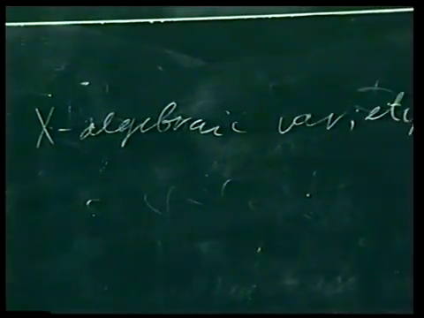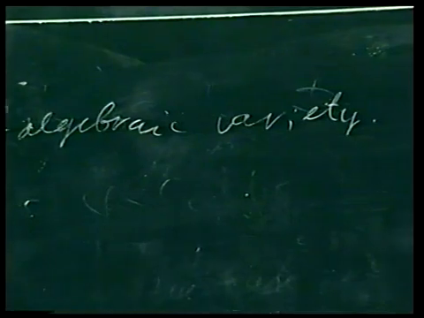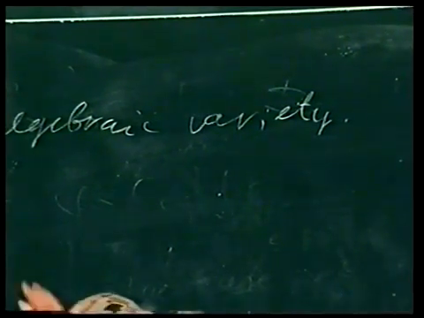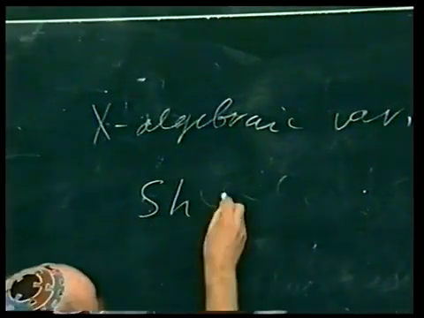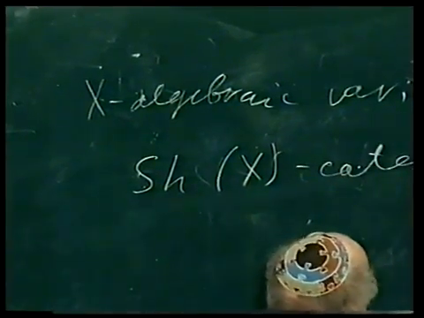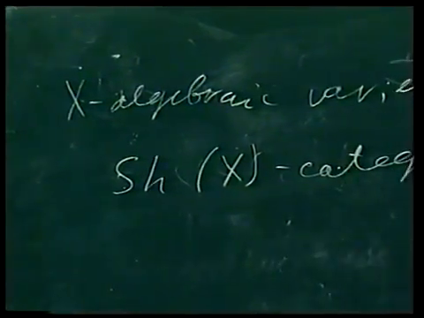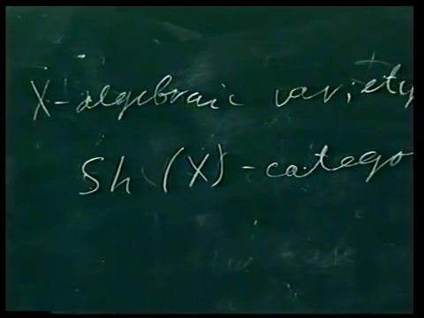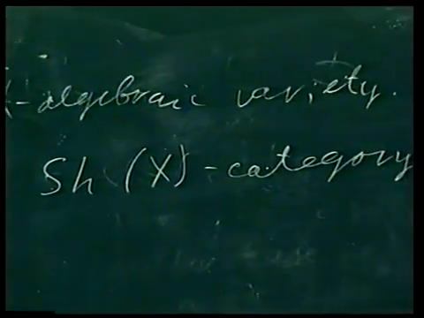By now, I think the standard way to think about this is the following: we consider sheaves on X, the category of sheaves on X.